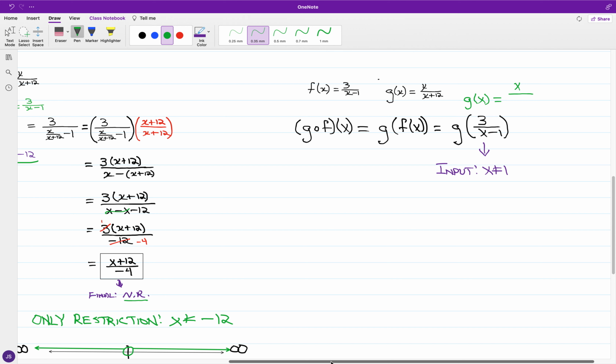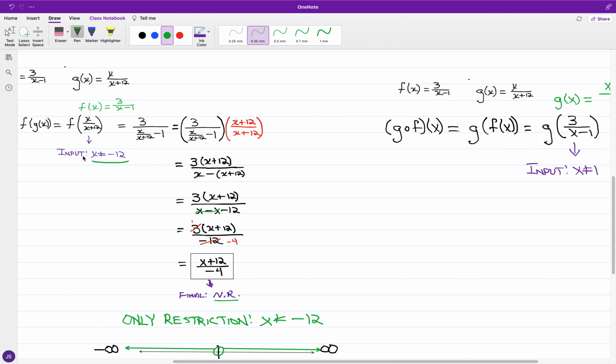What we did here, the first part, we had that x could not be negative 12. But for the final part, there was no added restriction. So you have preordained, so to speak, that x cannot be negative 12. Even in this last step, x cannot be negative 12. That is already baked in.